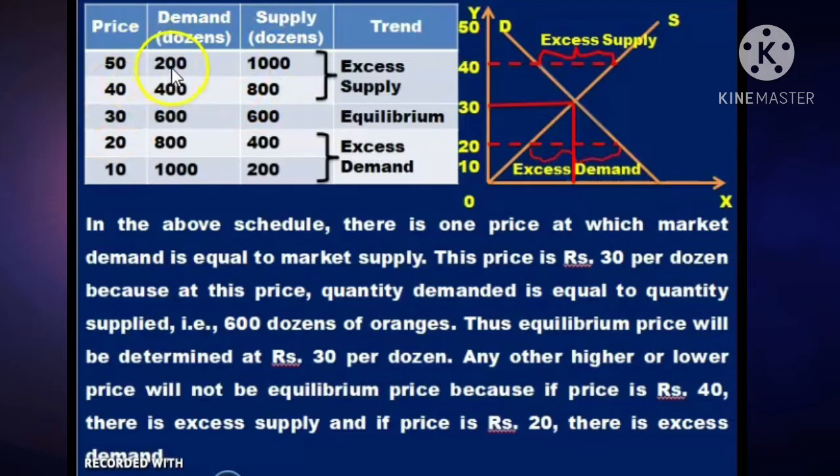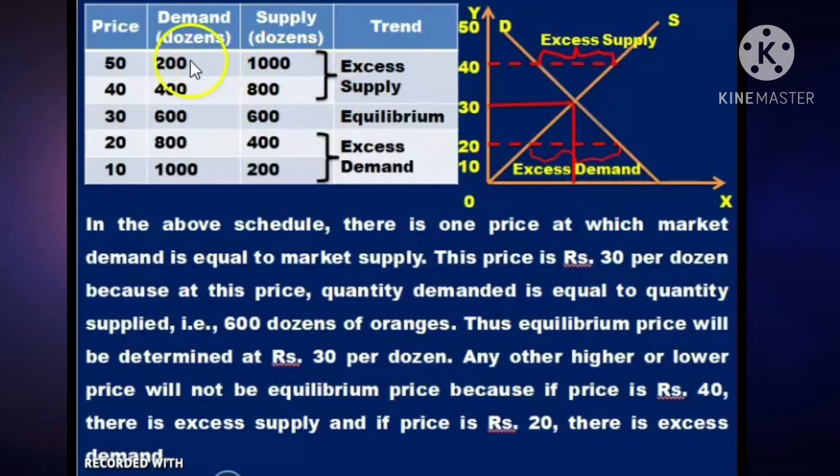The quantity demanded is 200 at price 50, 400 at price 40, 600 at price 30, 800 at price 20, and 1000 at price 10. The supply of dozens of oranges is in reverse order: 1000 at price 50, 800 at 40, 600 at 30, 400 at 20, and 200 at 10.